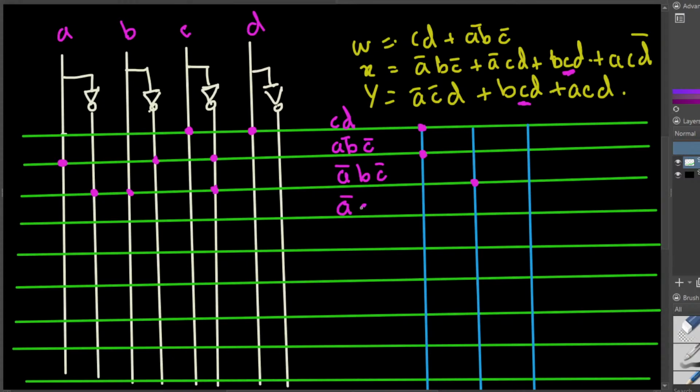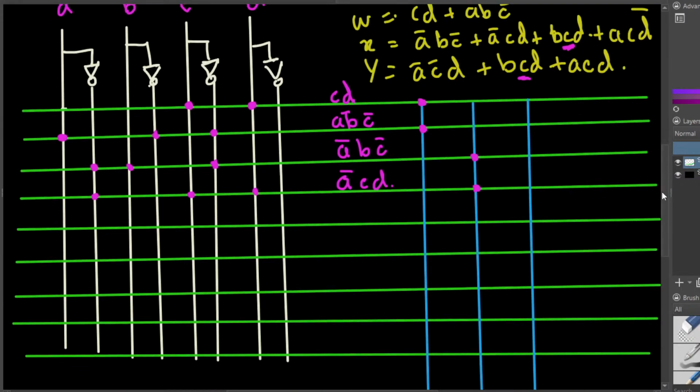A bar, C, D. A connected with the NOT, and then C connected directly, and then D connected directly, and this belongs to X. And what else we have? BCD. Let's write the BCD at the end, because BCD is common for both of them.